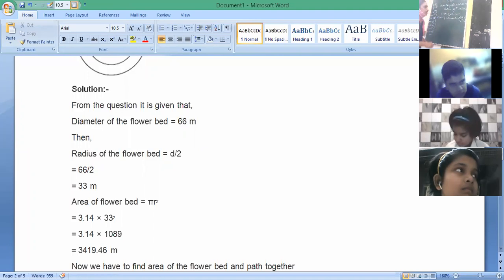Now the area of the flower bed. Area of a circle is pi r square. The value of pi is 3.14 and the radius we have already taken out, that is 33. Outer circle minus inner circle we can also do.